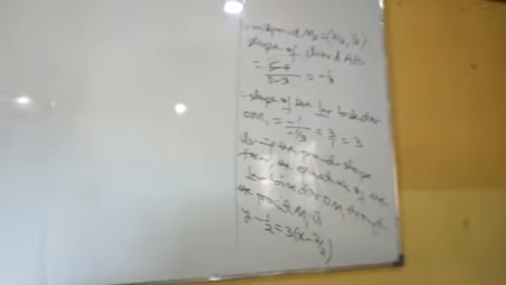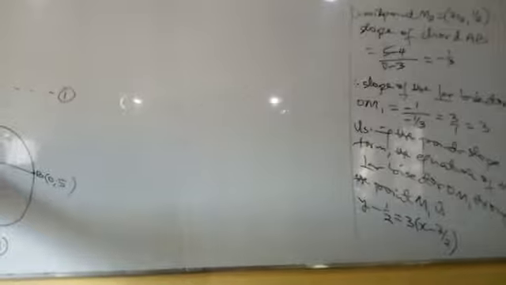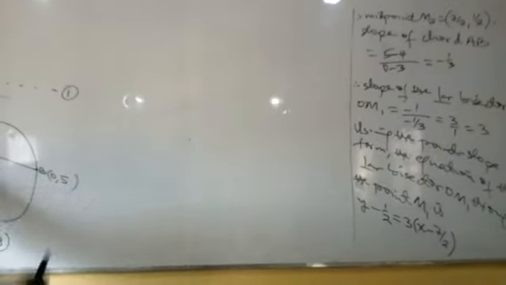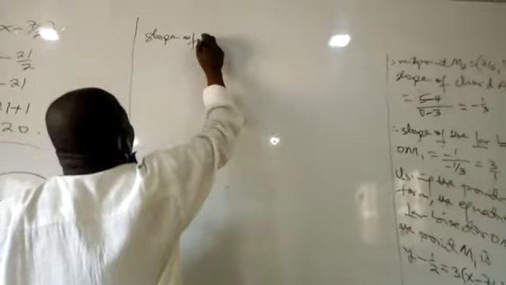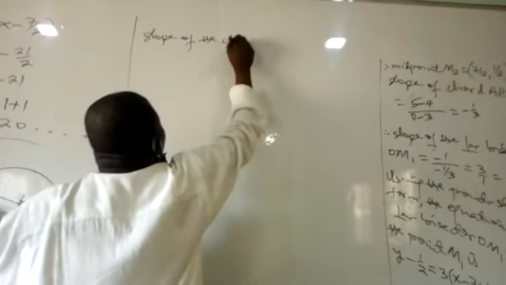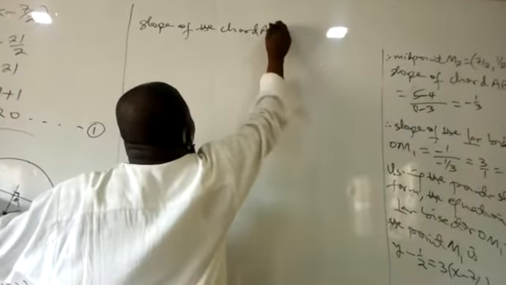The next thing now is to determine the slope of the second chord, AC.